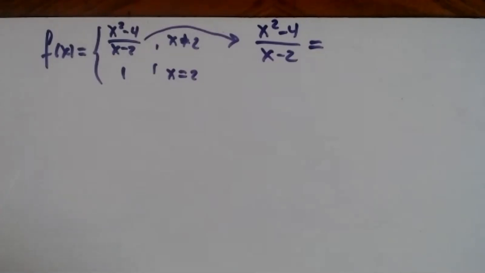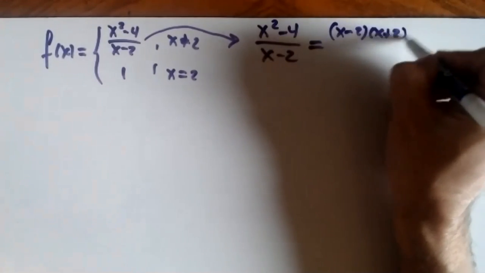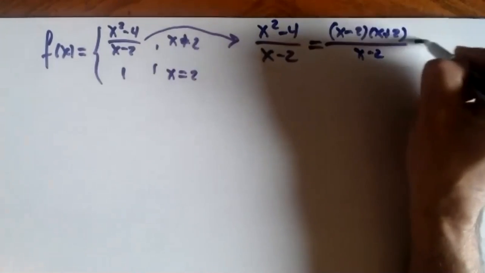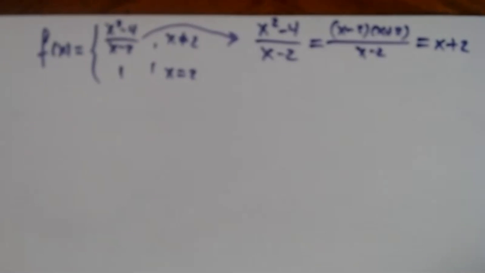X plus 2. X plus 2, that's correct. Because this is x minus 2 times x plus 2 over x minus 2. So you simplify, you get x plus 2, correct?